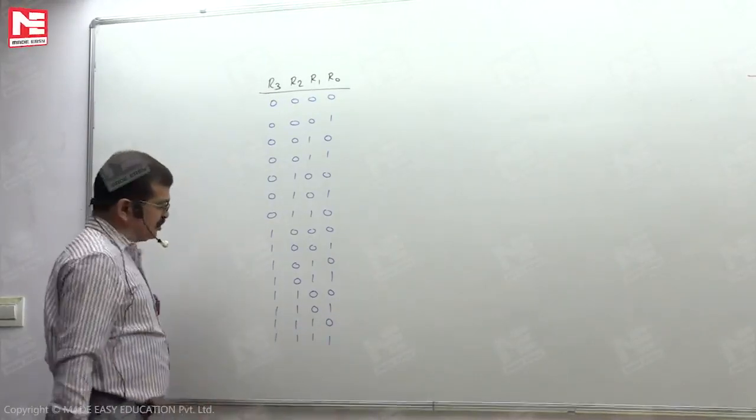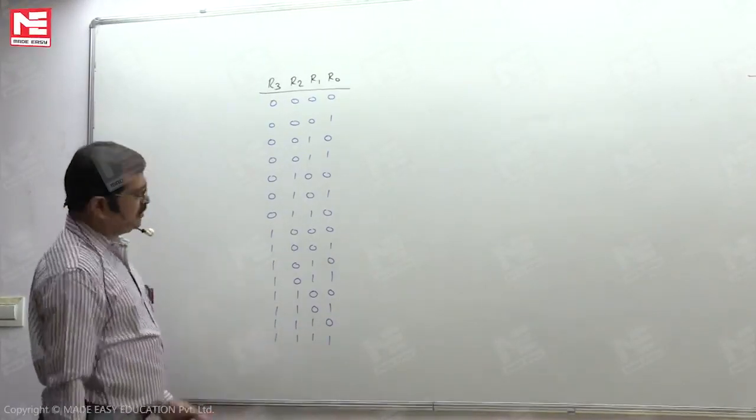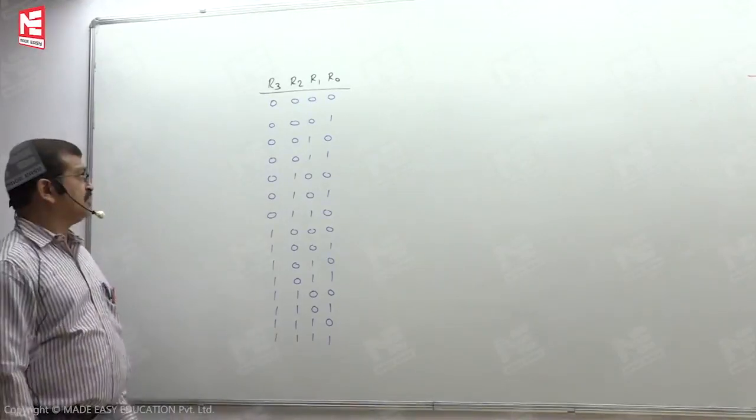These are the 16 possible combinations on a 4-bit register.